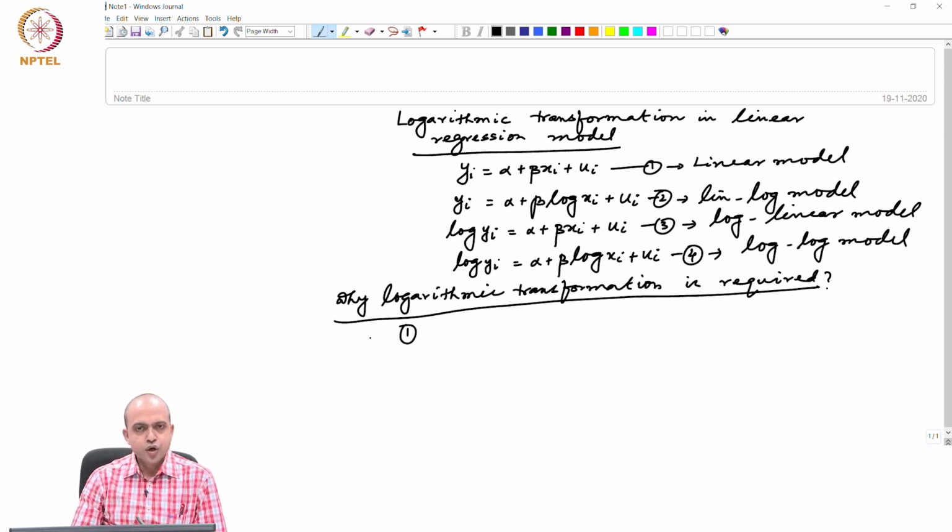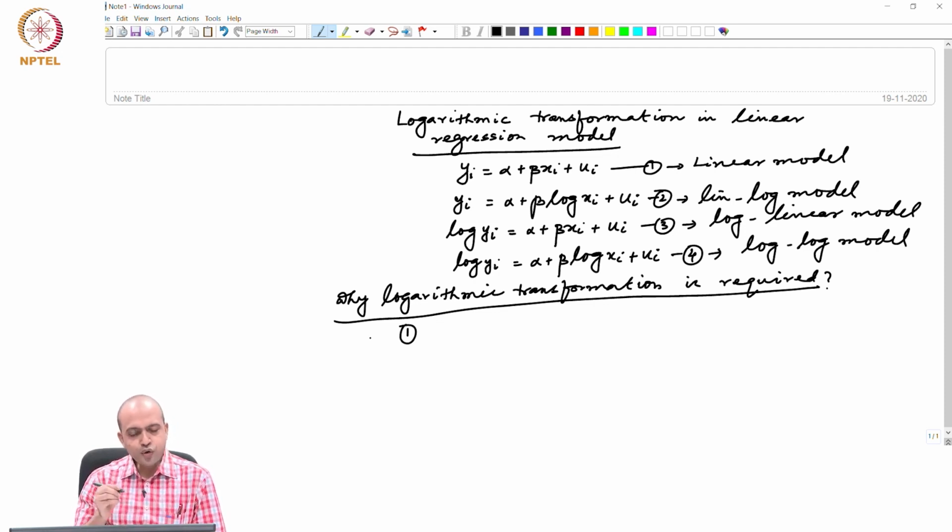First reason is, sometimes your dependent variable y and independent variable x have some kind of nonlinear relationship, and we have not yet learned nonlinear estimation techniques.